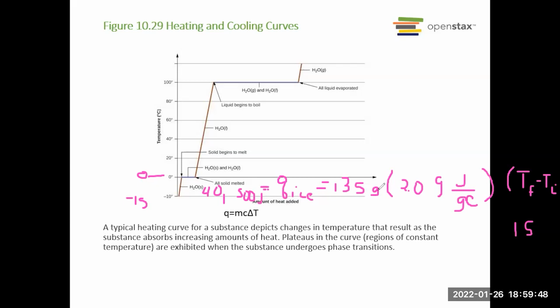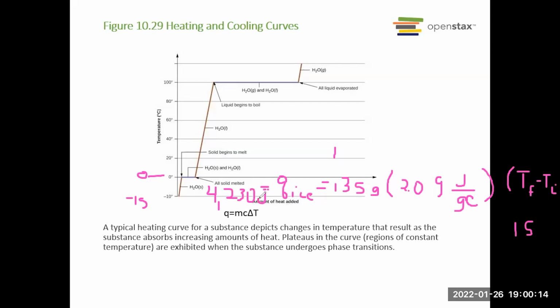It's 3 sig figs, so we get 4,230. And the units would be joules, right?